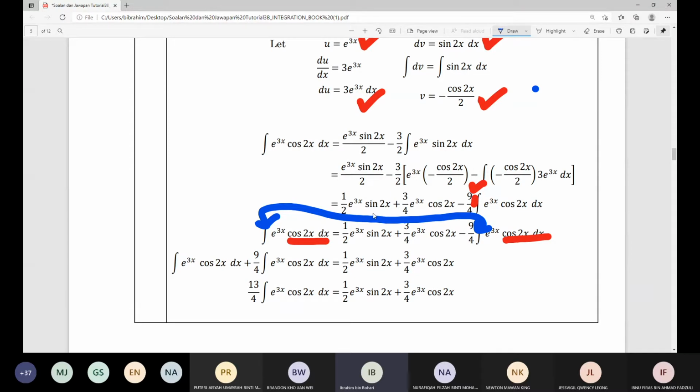So 1 plus 9/4 equals 13/4, times the integral of e to the 3x cos 2x dx. You combine, and the right-hand side equals 1/2 e to the 3x sin 2x plus 3/4 e to the 3x cos 2x. Okay.